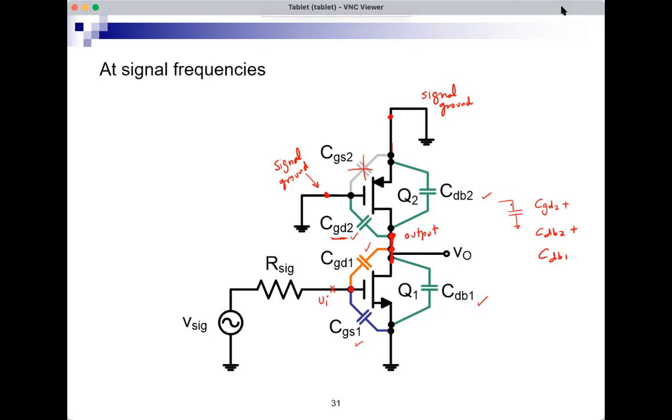The blue, the green, this is C green, would appear between the output and ground instead of the 3 that we have here. And this one, CGD1, would appear between VI and VO, between the input and the output. So I have 1 capacitor between the input and ground, 1 capacitor between the output and ground, and 1 capacitor between the input and the output.